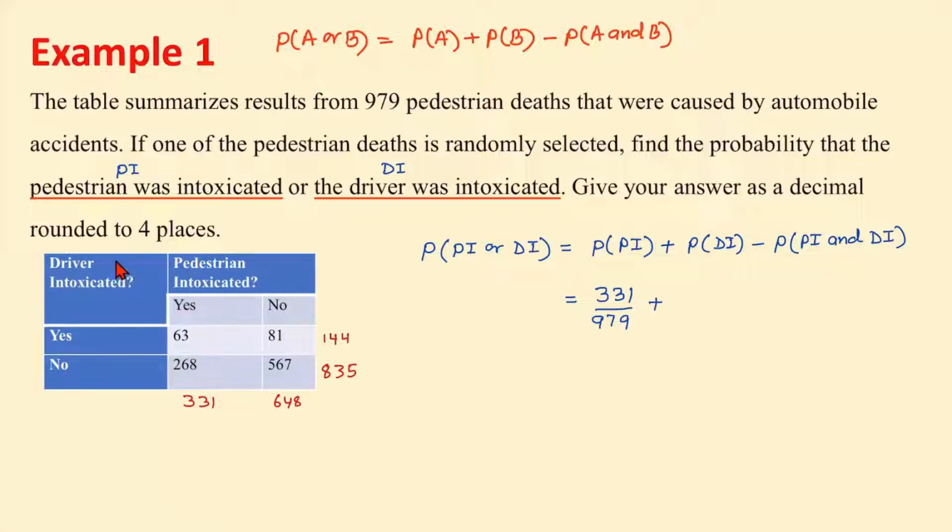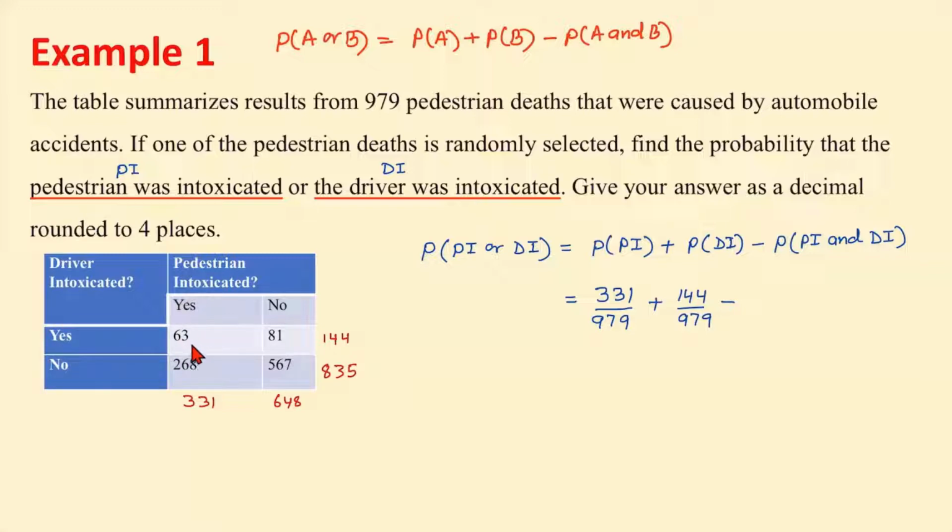For the driver intoxicated, yes, we have 144 accidents in which the driver involved was intoxicated out of 979. So the probability will be 144 over 979, and then minus the probability that both pedestrian and driver were intoxicated. These 63 accidents were caused when the pedestrian was intoxicated, and the driver was also intoxicated.